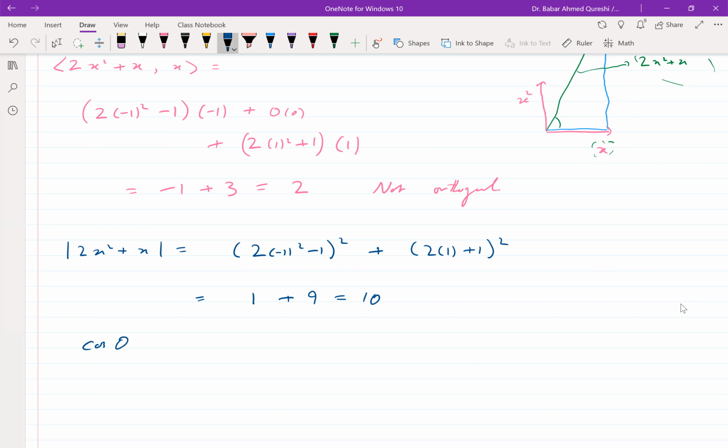So that means the cosine theta is the scalar product between them, which is 2, divided by the length, under root 10, and the length of the other was under root 2. So you can compute the angle by doing this.